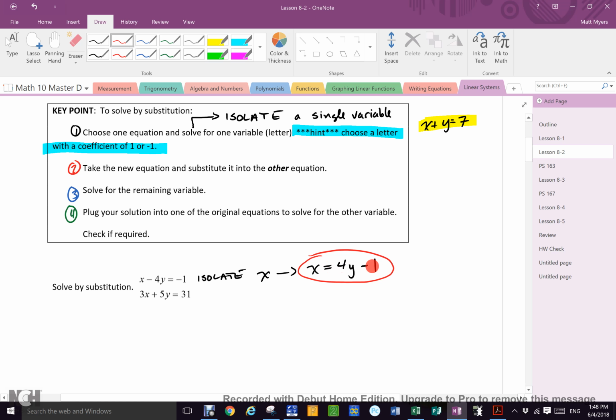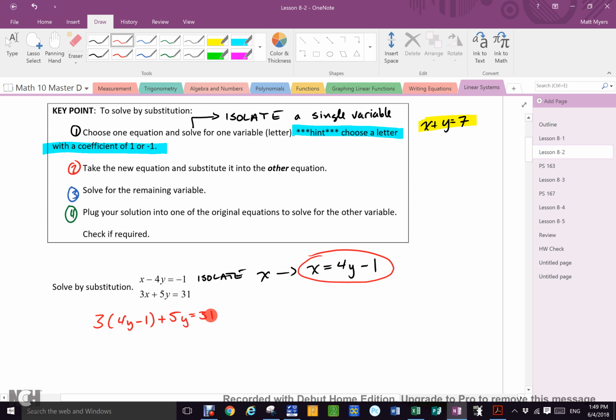X equals what? What letter is that? X. What does X equal? So what do I write there instead of X? 4y minus 1 plus 5y equals 31.